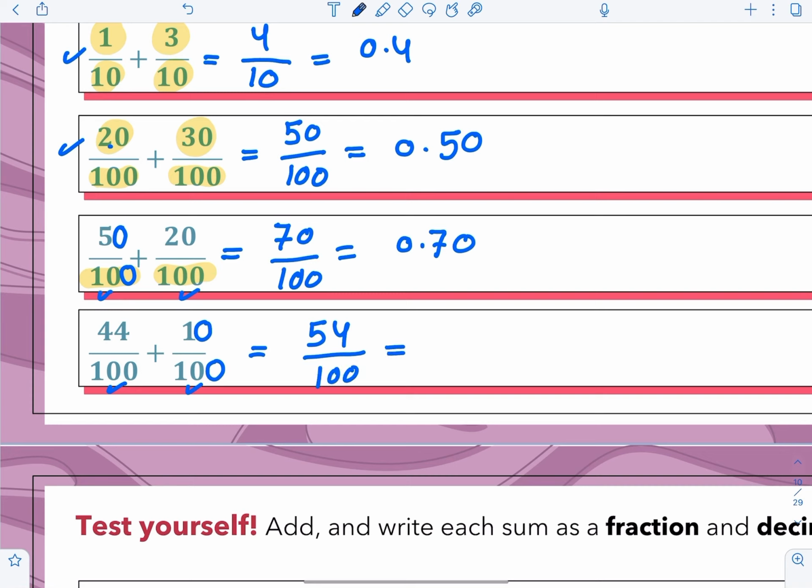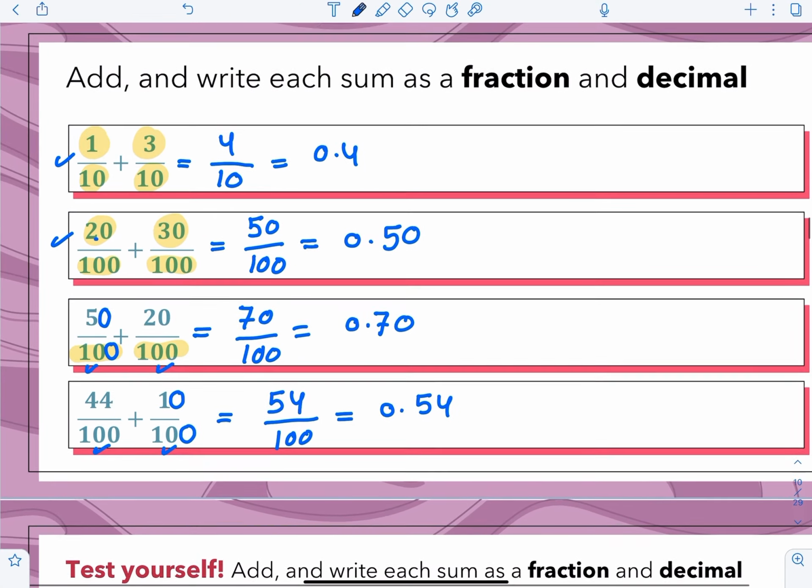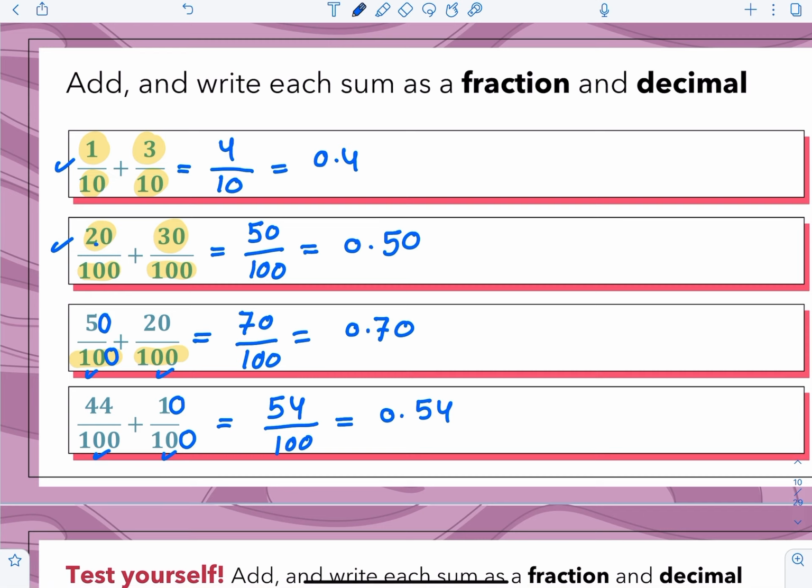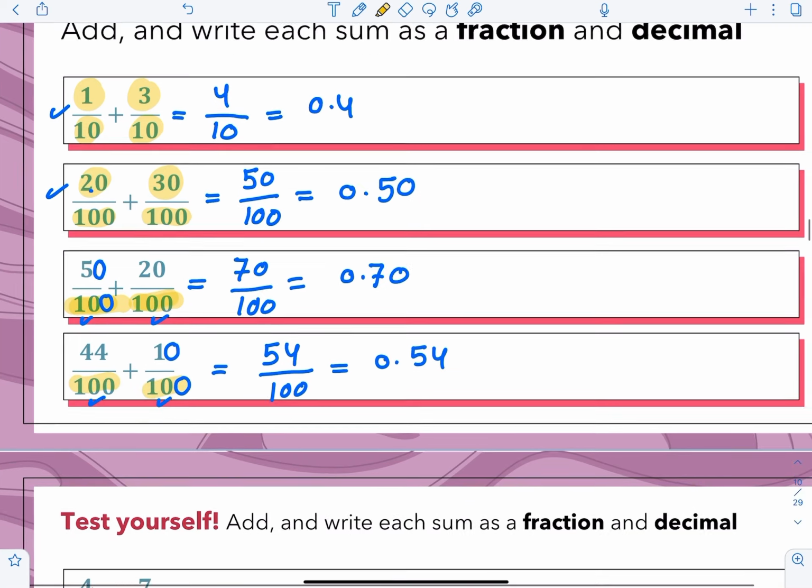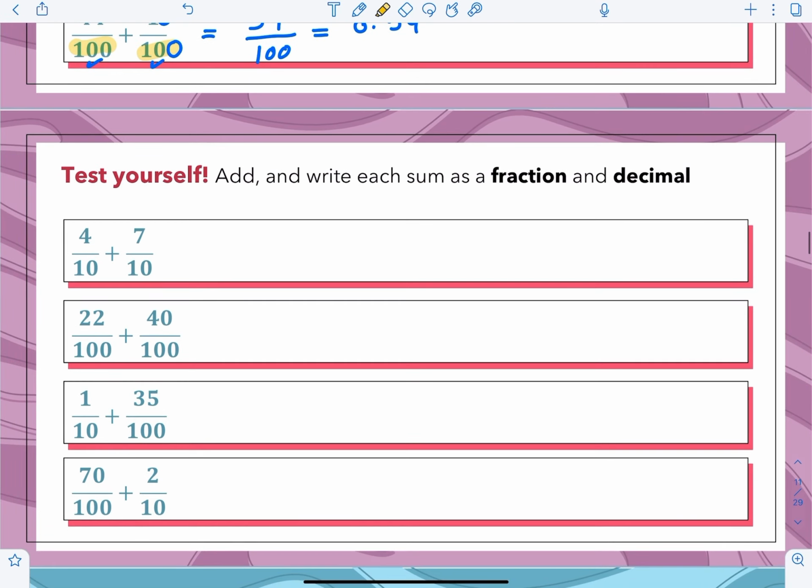And now as a decimal, we can write that as 0.54, and we can read it as 54 hundredths. Okay, so remember, you must add zeros when you have one of the denominators at 10 and the other one is 100. Now I want you to test yourself.